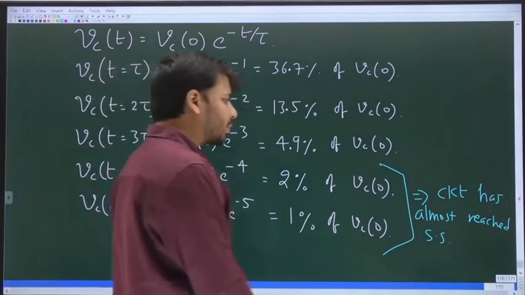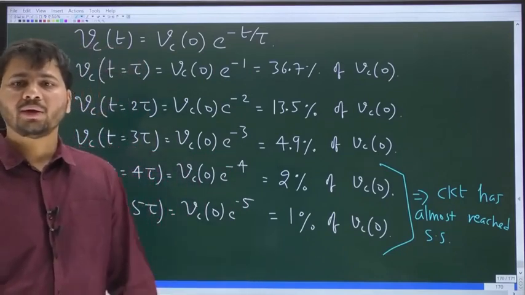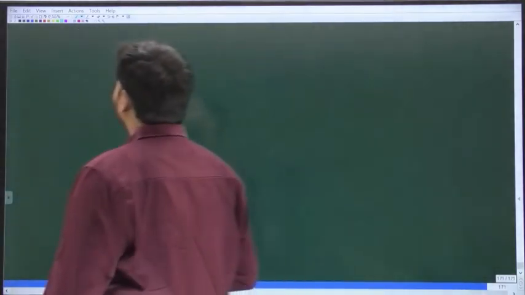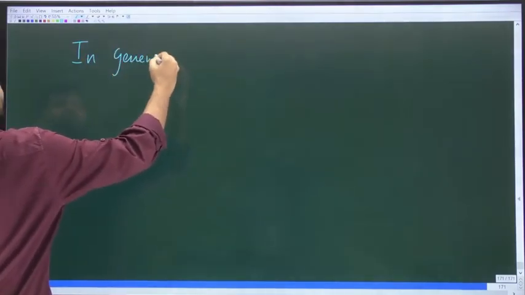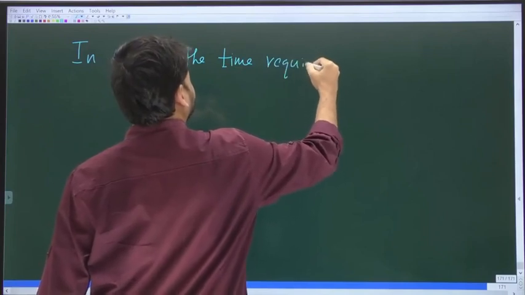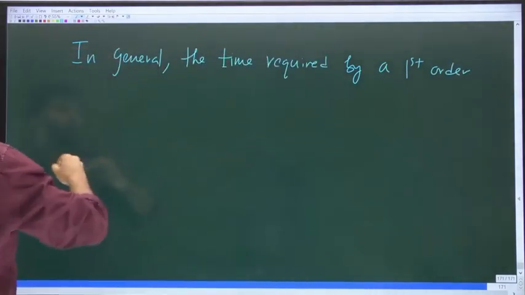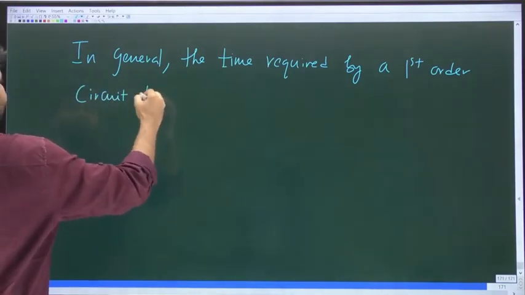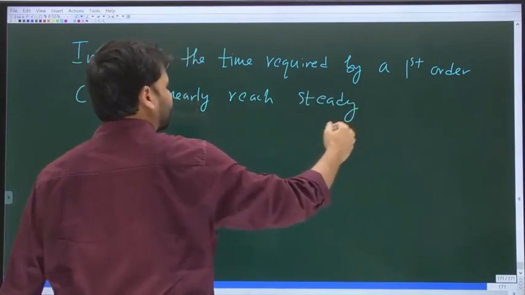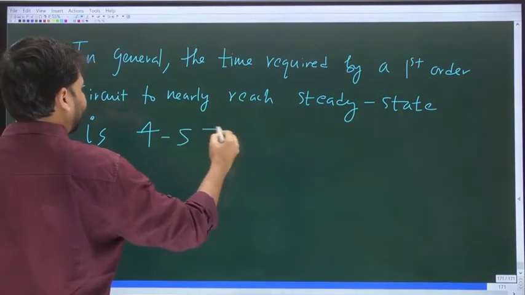So in general, the time required by any first order circuit to nearly reach steady state is 4 to 5 time constants. 4 to 5 tau.